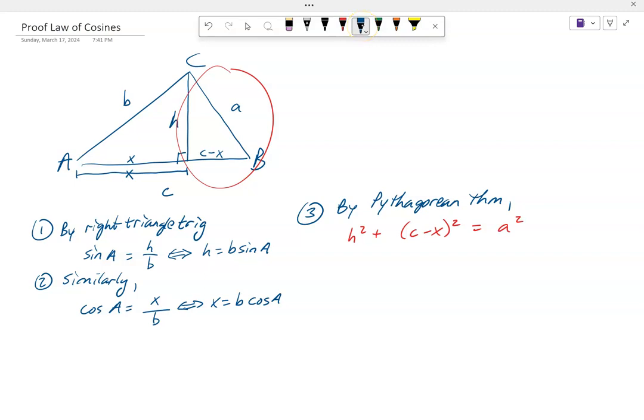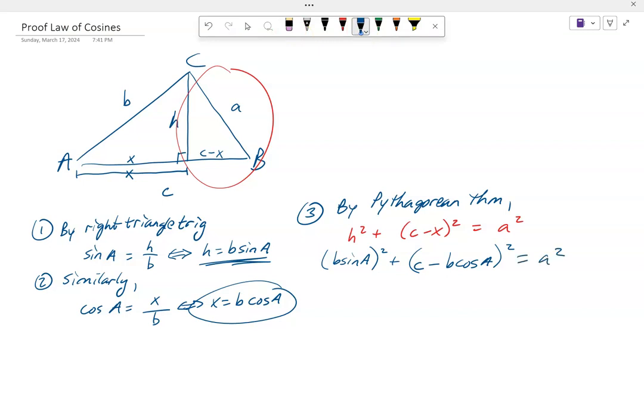Well, we know by substitution, h is b sine A. So let me replace h with b sine A. And then I have a c minus, and then we know x is b cosine A. And this is, by the way, lowercase c right there.